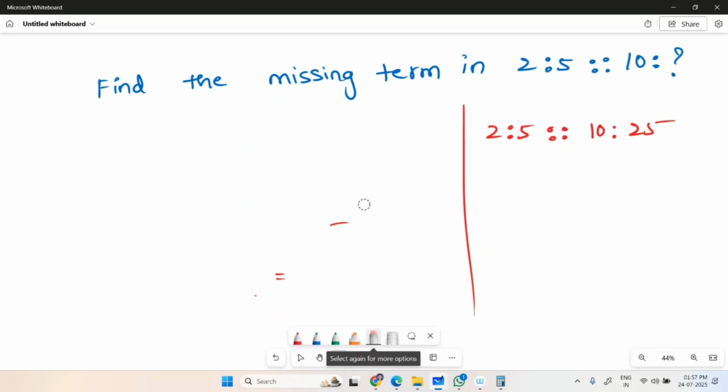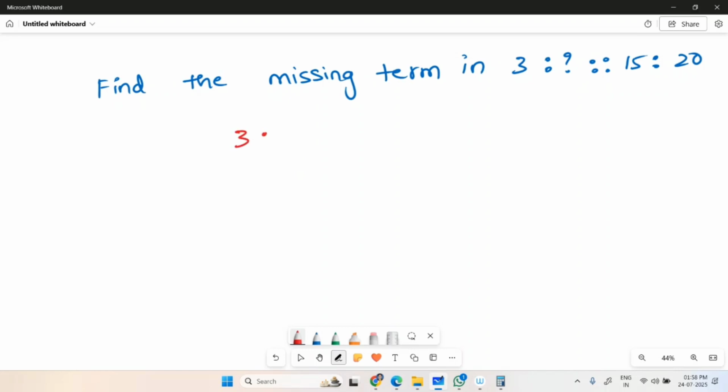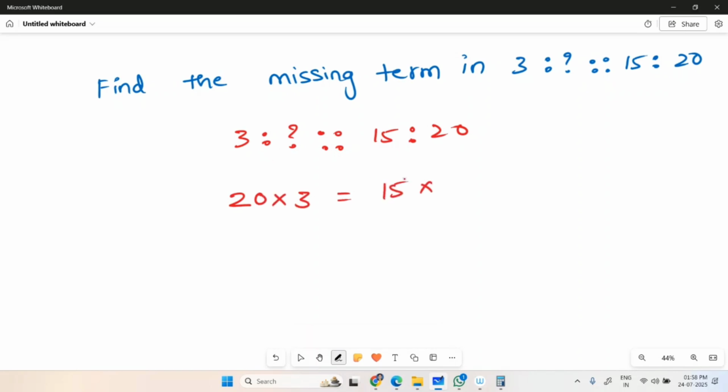Similarly, let's solve one more question. 3 is to how much as 15 is to 20. Product of extremes equals product of means. So 20 times 3 equals 15 times, let the missing number be x. So 60 equals 15x.